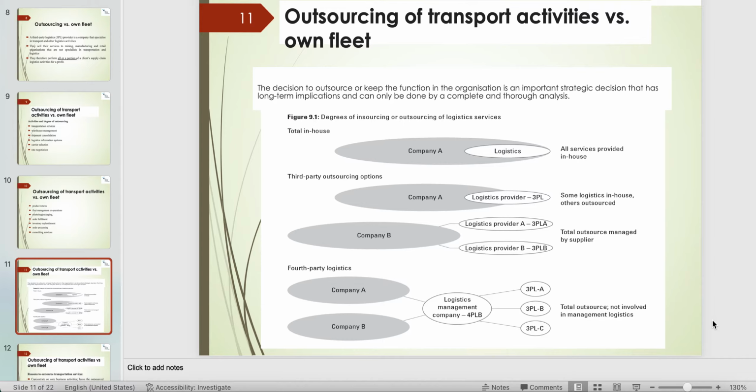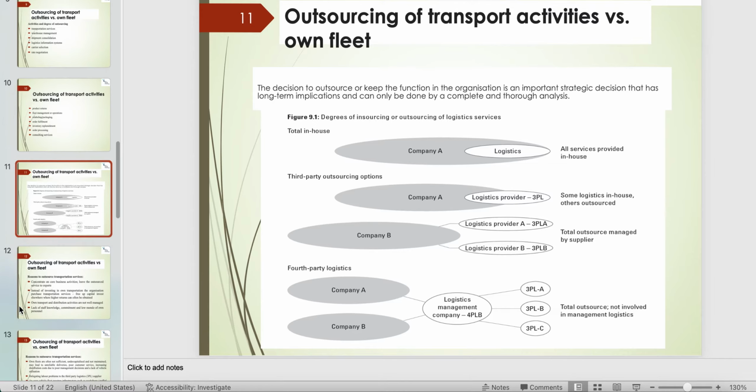So the networking part, making sure that they act as an interface between the client and the different third party logistics. They also set up a good and healthy managerial relationship as well.